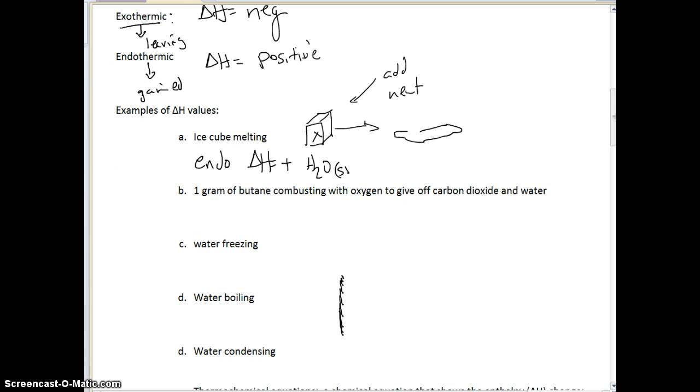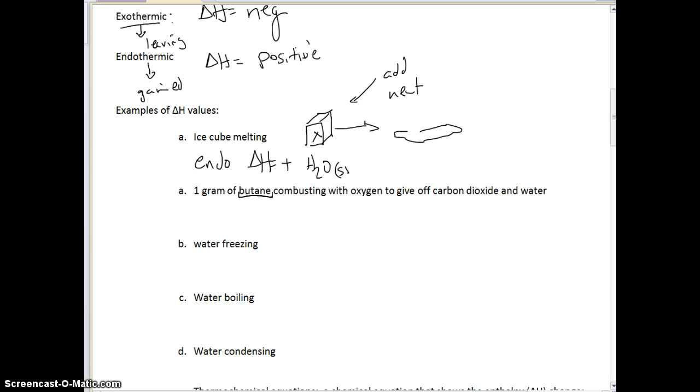Looking at this next one here, we have a gram of butane combusting with oxygen to give off carbon dioxide and water. Now, usually combustion reactions are going to be reactions that give off heat, and butane is basically lighter fluid, so it's what you're going to find in a little Bic lighter. And we know that's going to get hot. It's going to give off heat.